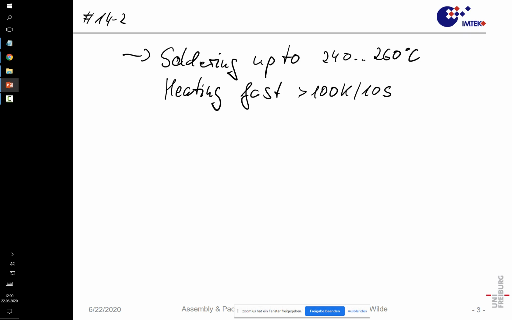So what will happen to the water? The water will evaporate. If we would heat very slowly, we could reversely drive the water out of the molding compound. So it would be a drying process. But if it's fast, we have a large increase of internal pressure.